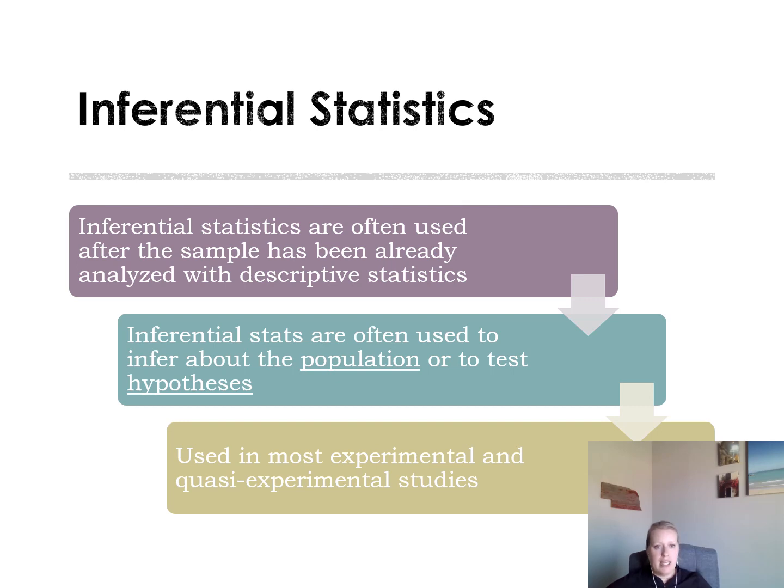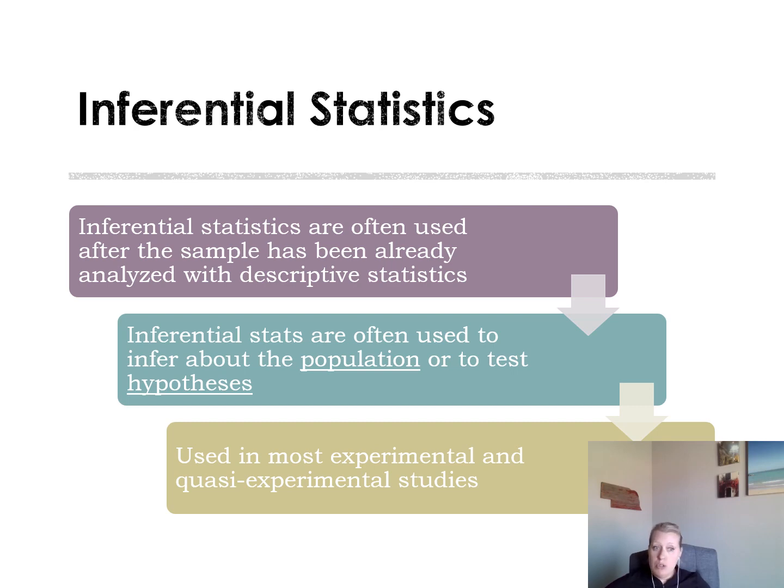Inferential statistics, then, after you've described the sample and used your descriptive statistics, then you test your hypotheses or test your relationships that you were wondering about. And again, this is used in experimental and quasi-experimental studies.